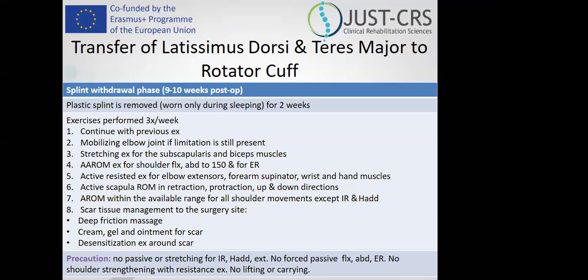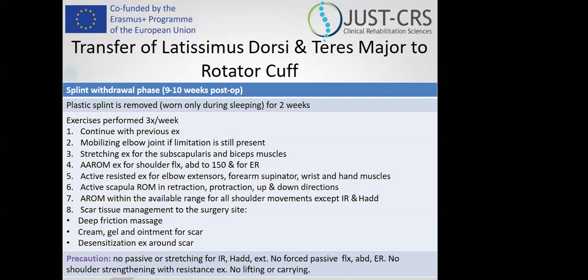Active resisted extension for elbow extensors, forearm supinators, wrist and hand muscles. Active scapular range of motion in retraction, protraction, upward and downward rotation. Active range of motion within the available range for all movement, again, except for internal rotation and horizontal adduction.